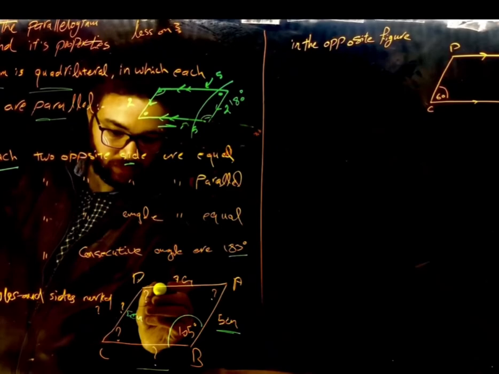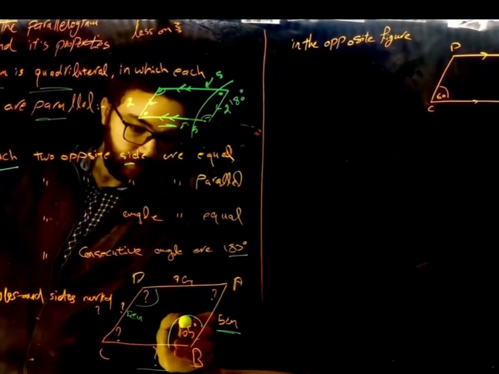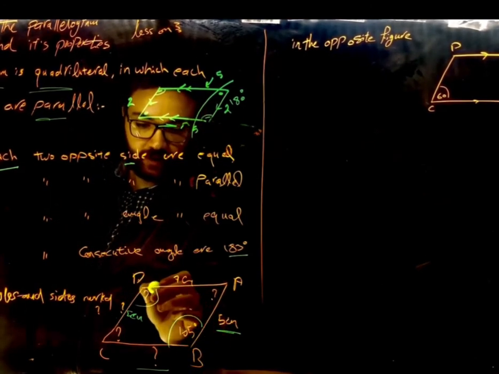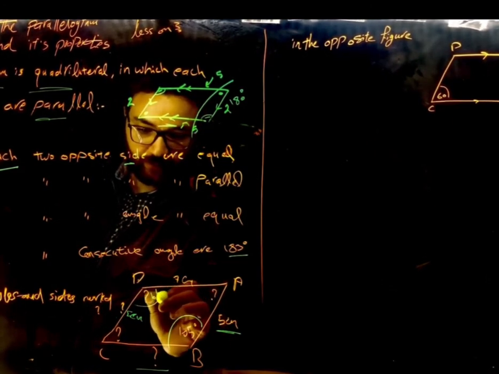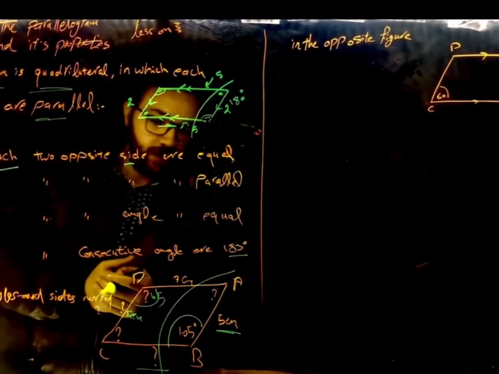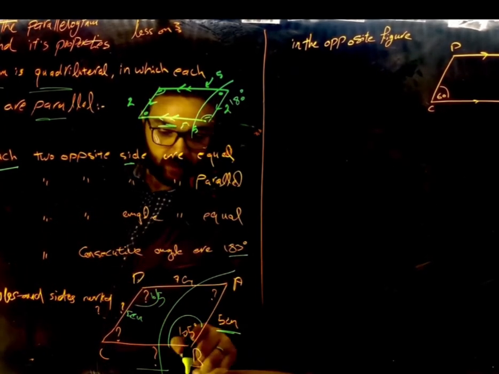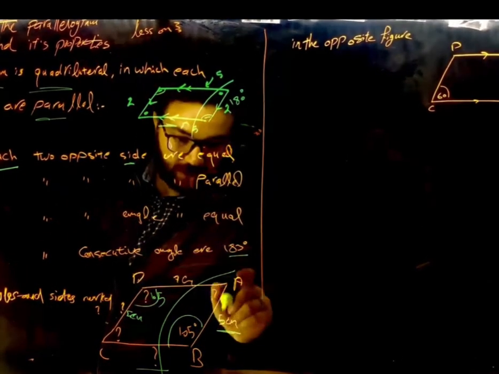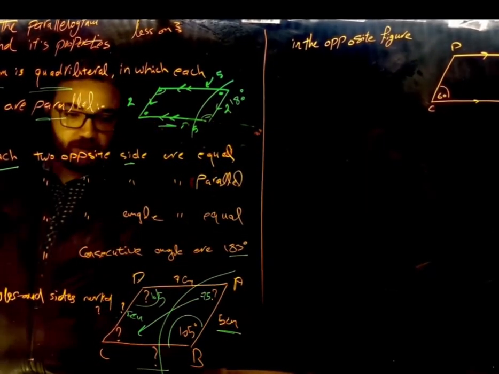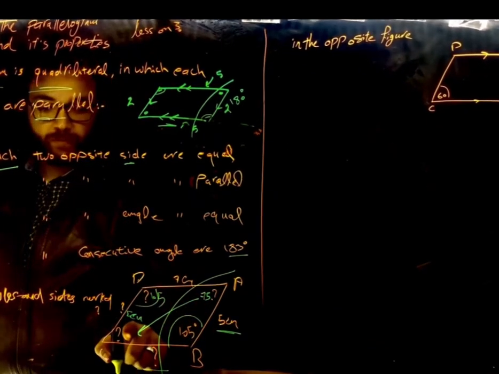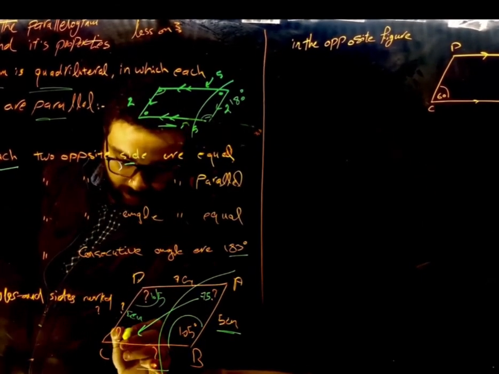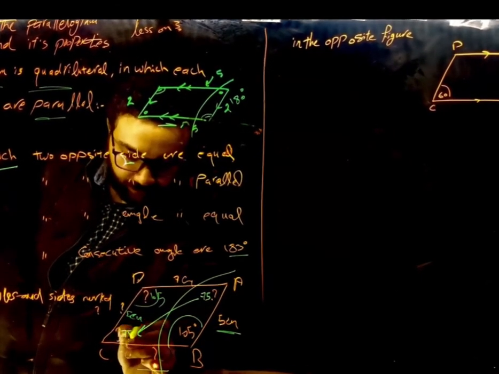Angle D is opposite to angle B, so from the properties of a parallelogram, angle B equals 105, then angle D equals 105. These two consecutive angles together equal 180. One of them equals 105, then angle A equals 75. The same for angle C: angle A equals angle C, then angle C equals 75.